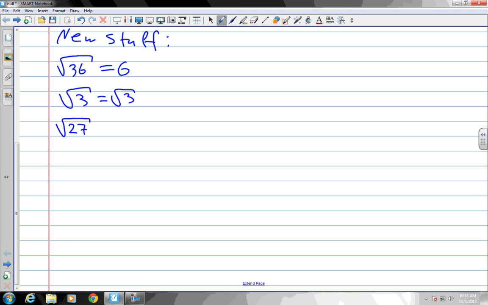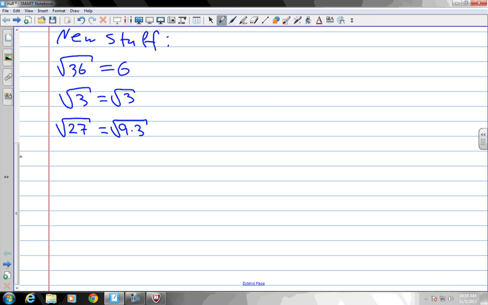But the next best thing that I can do is to think of 27 as a product of a perfect square and something else. So can you think of 27 as a product of 9 and 3, right? 9 is a perfect square. So I can think of this as the square root of 9 times 3.